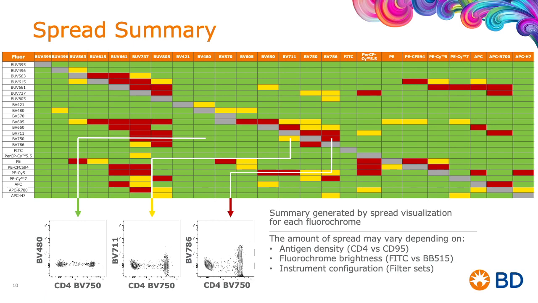There are caveats depending on configuration; the spread can be different depending on instruments. But there is also a fundamental understanding that for the same amount of spillover of one fluorochrome into another, the amount of spread may be different as a function of three factors: antigen density, whether the marker is expressed at high level or low level; fluorochrome brightness, for the same amount of spillover, a brighter dye will introduce more spread than a dimmer dye; and instrument configuration.